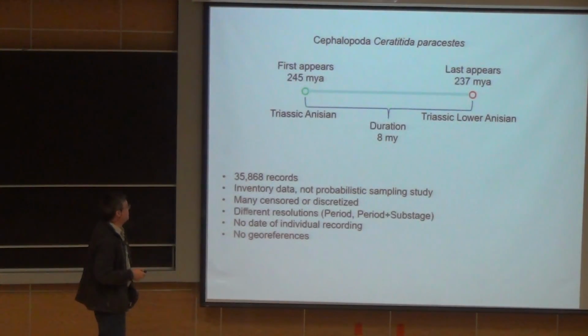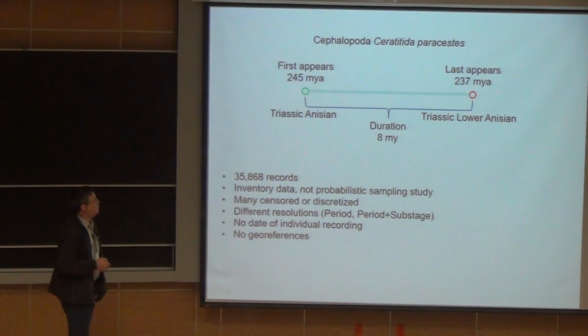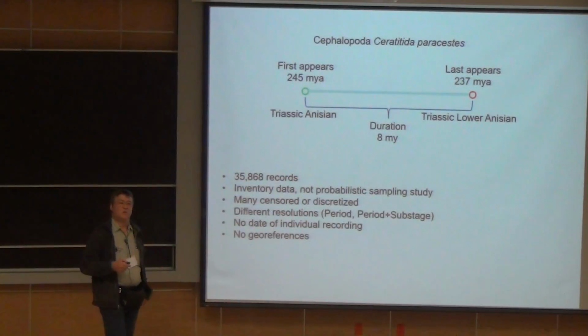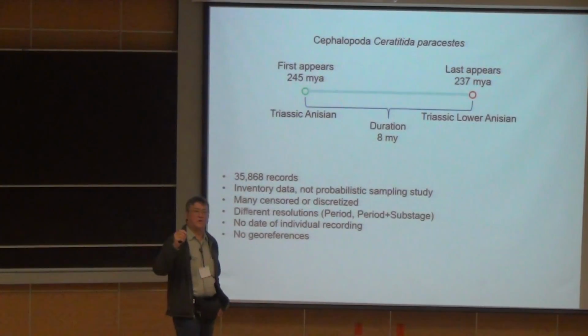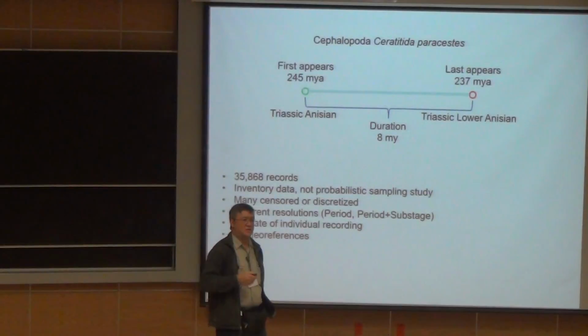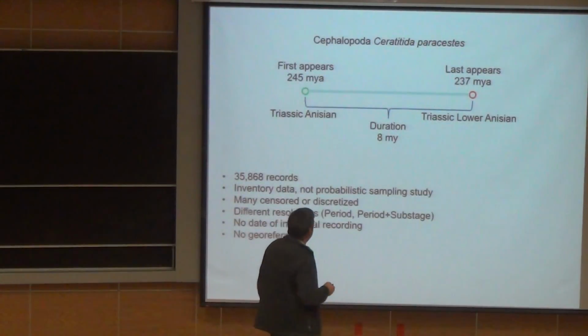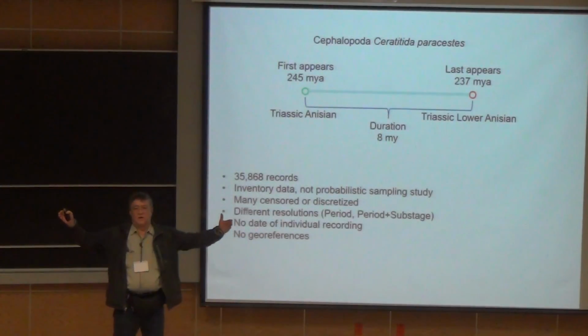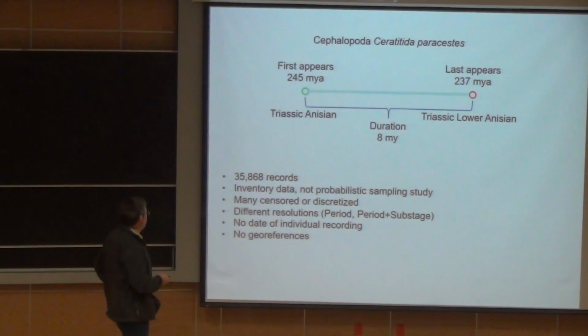There's all sorts of problems which I won't address today. For example, many of them we only know what geological era, but we don't have a measure in millions of years ago. So that implies censoring, because geological eras are a range of dates.